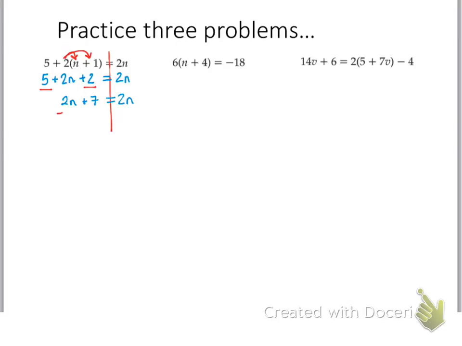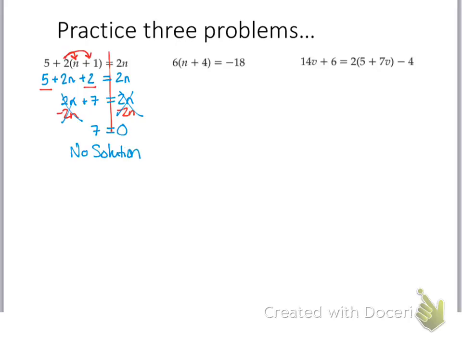Move all variables to one side, and poof, look what happened. Variables disappeared. I'm left with 7 equals 0. What type of solution is that? It's no solution.